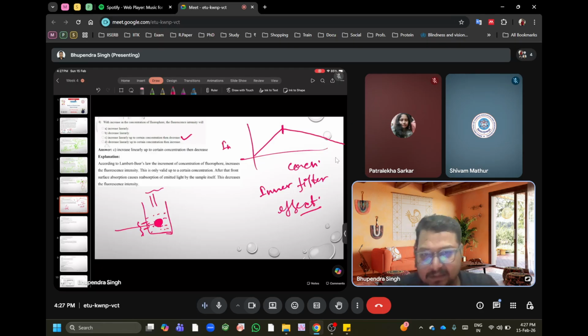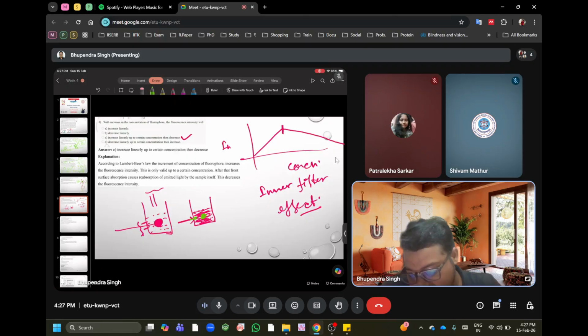In another condition, if the concentration of the sample is much higher, what will happen? The light will not reach this point here.